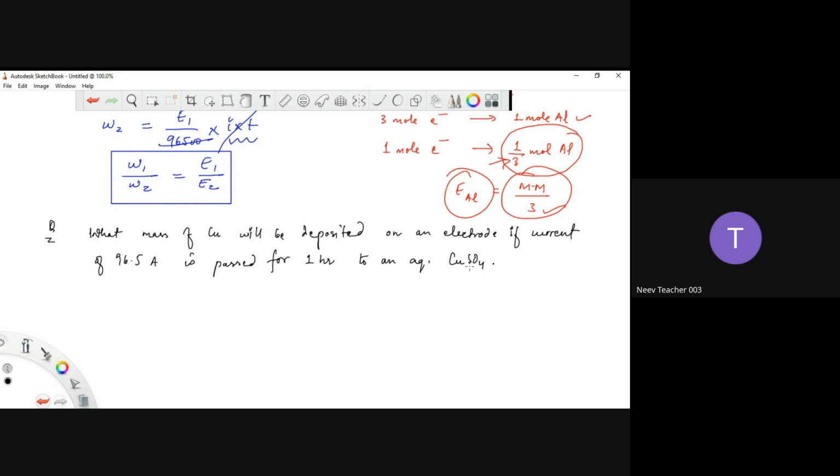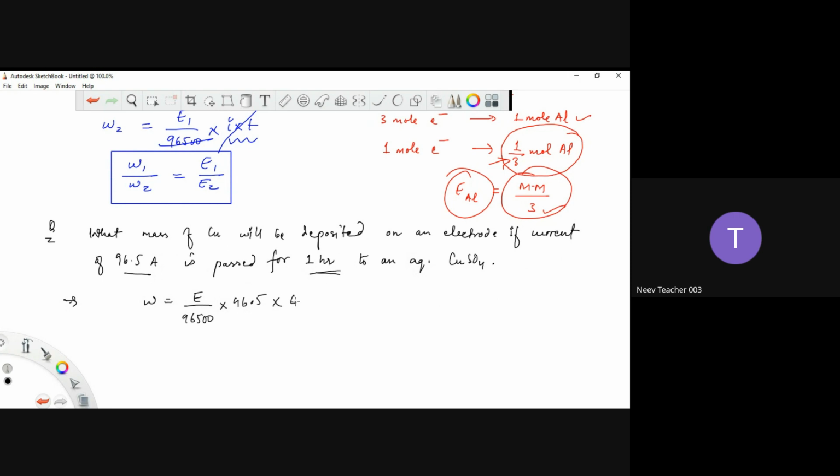Okay, done, guys. So what mass of copper will be deposited on the electrode if a current of this value is passed for 1 hour through aqueous copper sulfate? We need to find the weight, which will be the equivalent weight of copper divided by 96500, into I times t. So what is I? 96.5 ampere, and time should be in seconds.